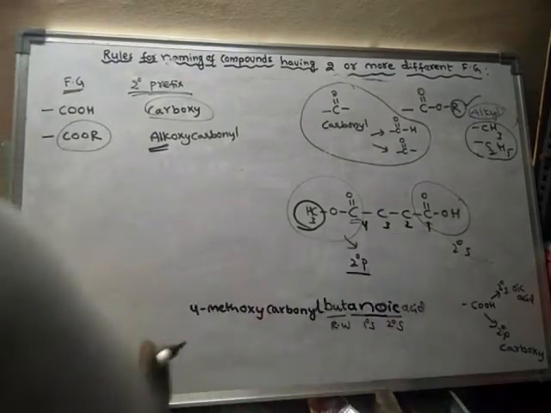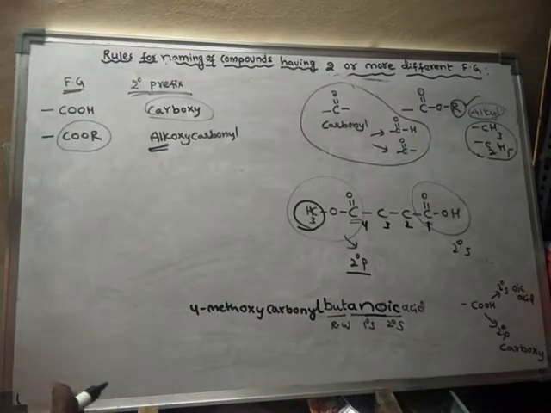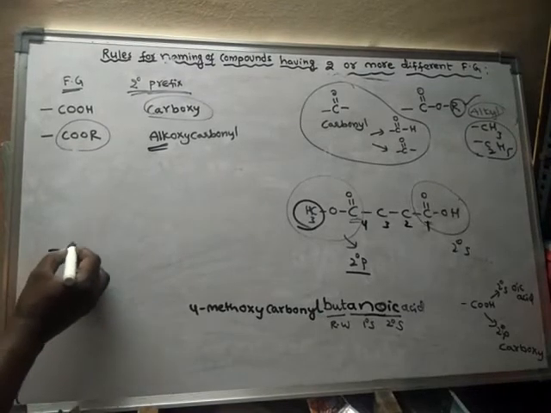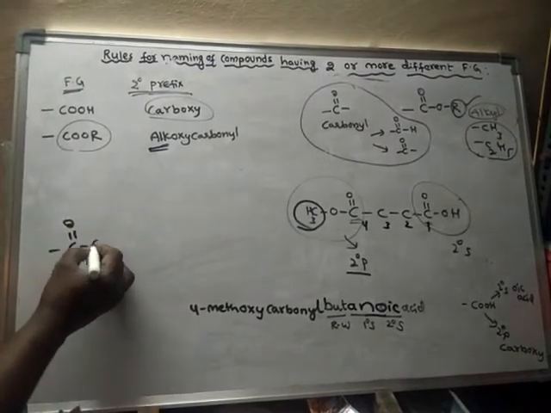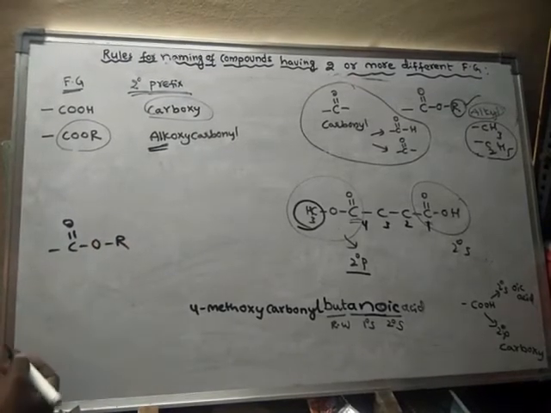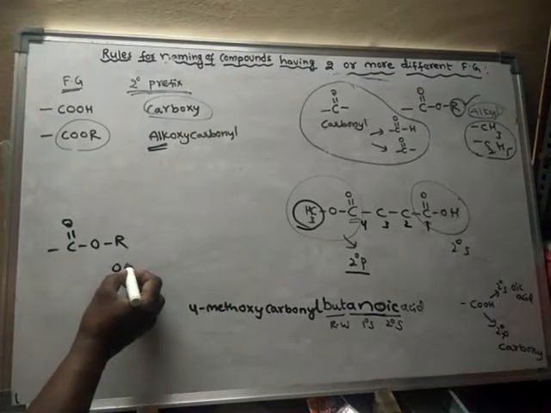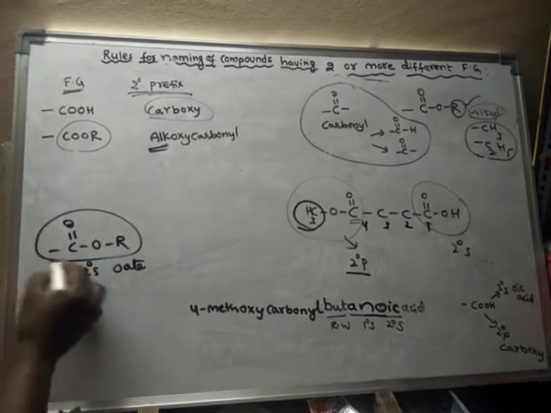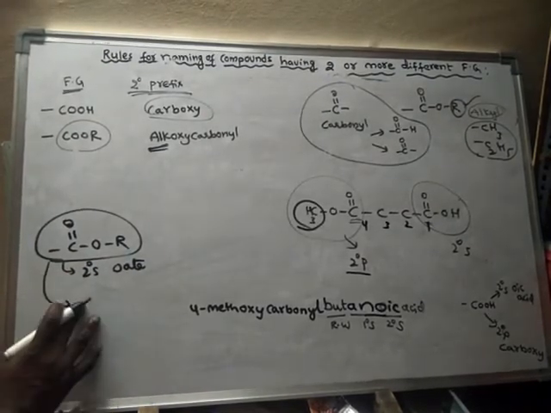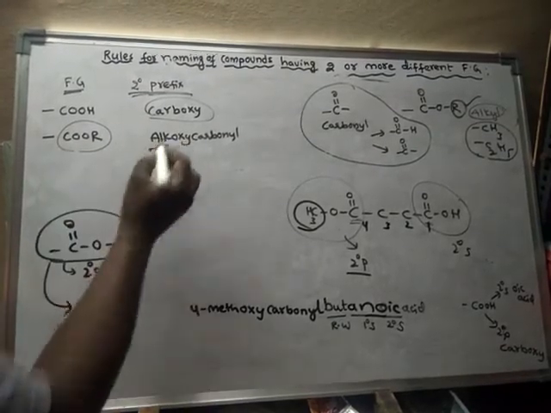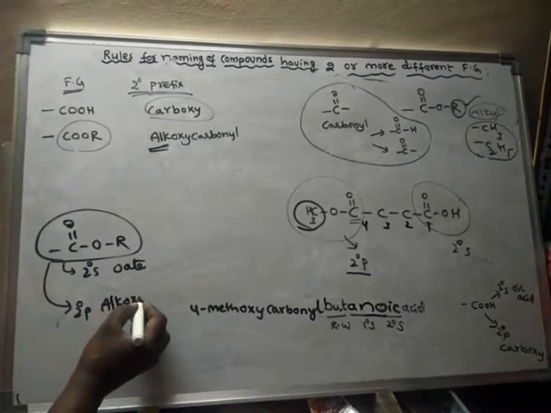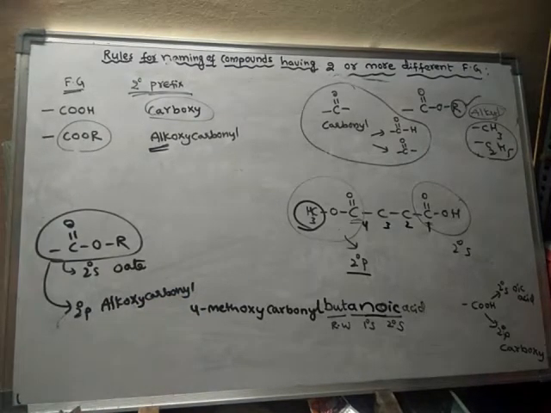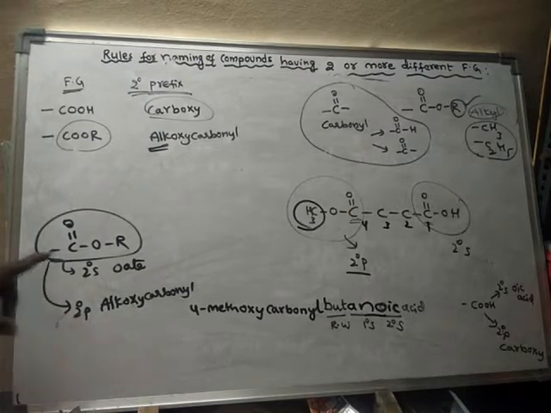With this example, I think you might have come to an understanding. For the ester group COOR, the secondary suffix name is oate, and the secondary prefix name for ester is alkoxycarbonyl.